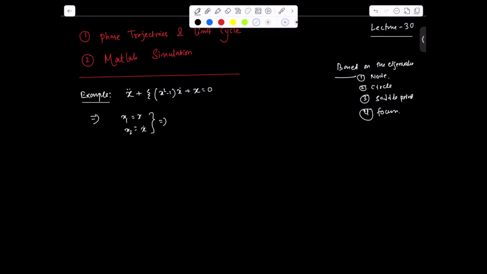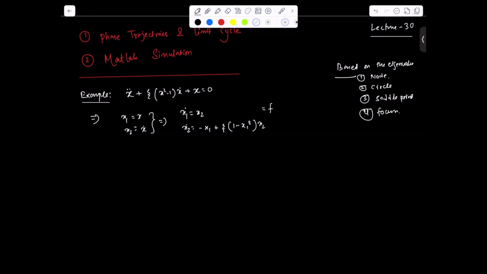From this, x1 dot equal to x2 and x2 dot equal to minus x1 plus zeta times 1 minus x1 squared times x2, right?